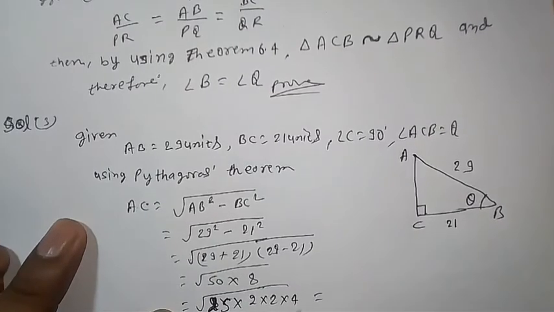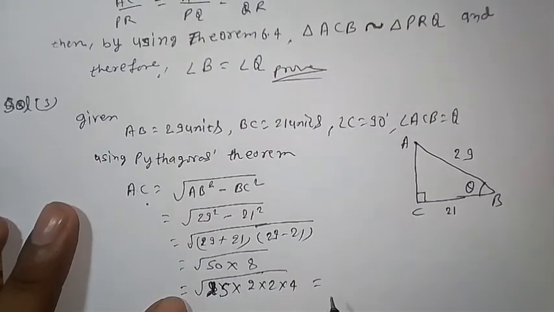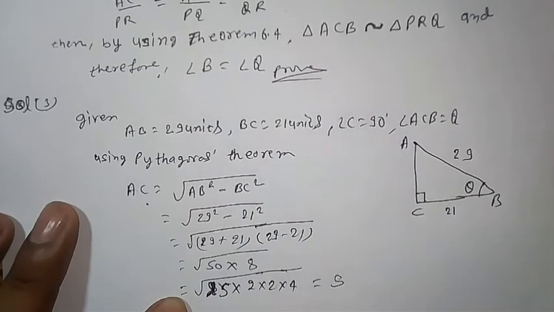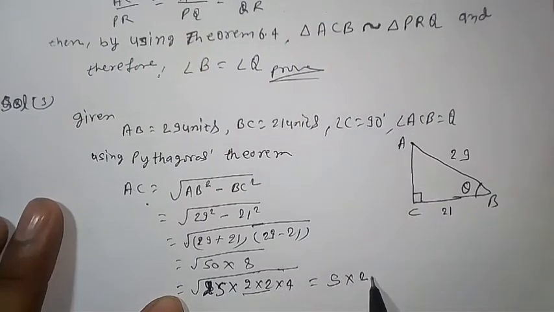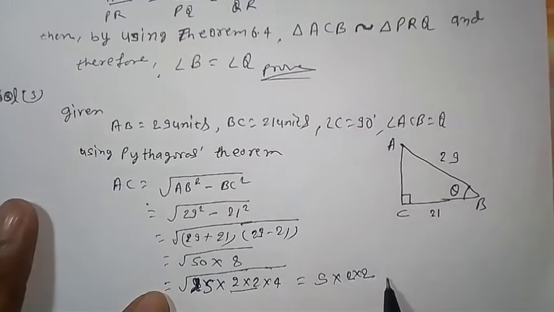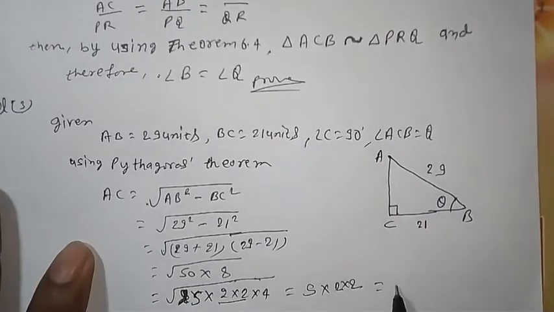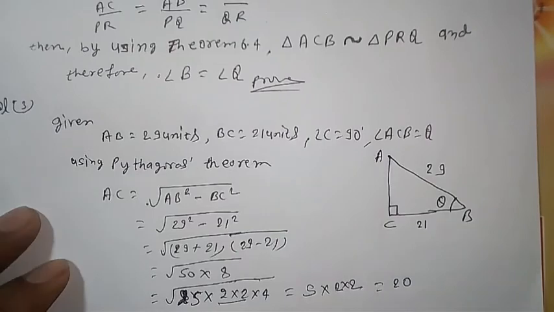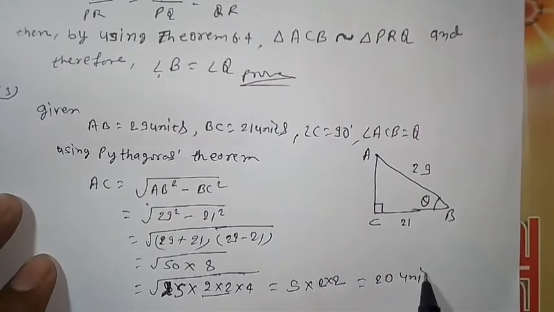Okay, is equal to the square root of 25 is 5, and 2 times 2 is 4, the square root of 4 is 2, is equal to 20 units. Yes, units.